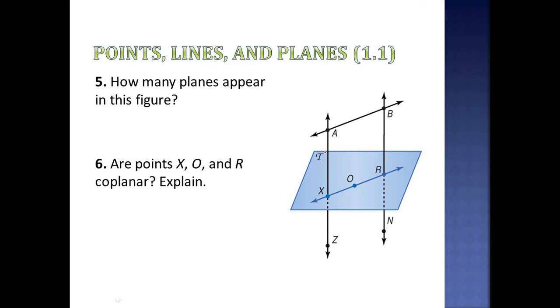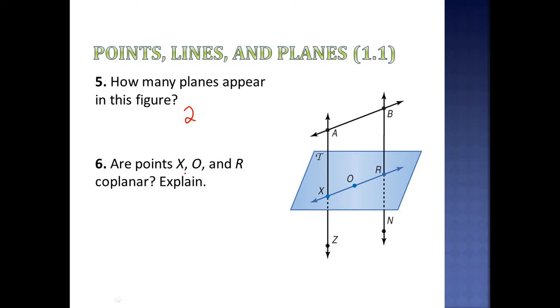So in this diagram, while we only see plane T, we have to take into account plane ABR. Okay? So there are two planes that appear in that figure. All right? One you can see because it's drawn. The other one you have to think abstractly.